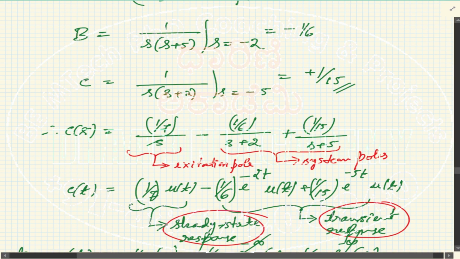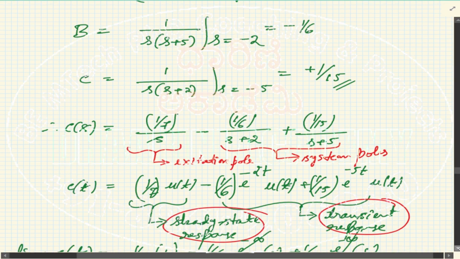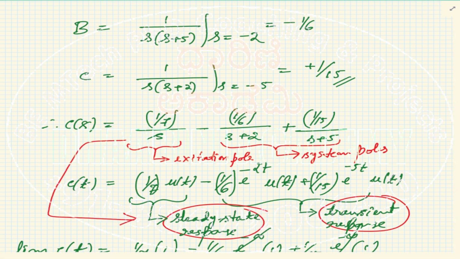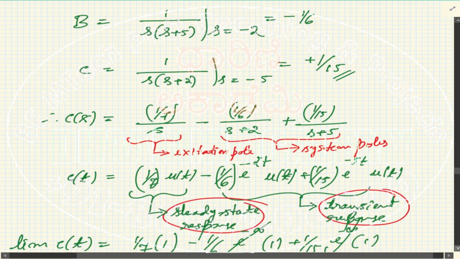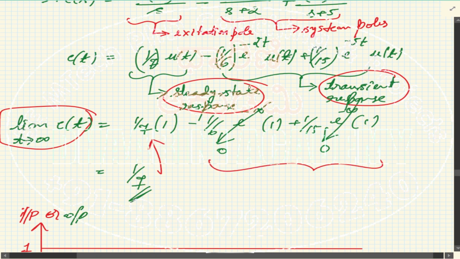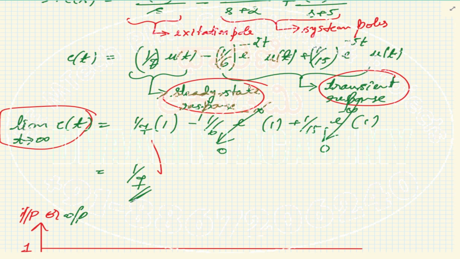The result that comes because of the excitation pole is called the steady state. We have also observed that when the time goes to infinity, only the steady state result exists, and the transient response will definitely become equal to zero.